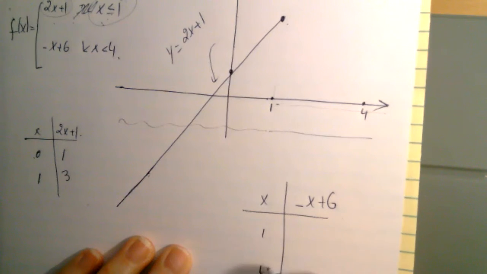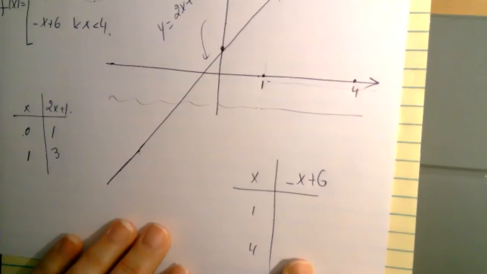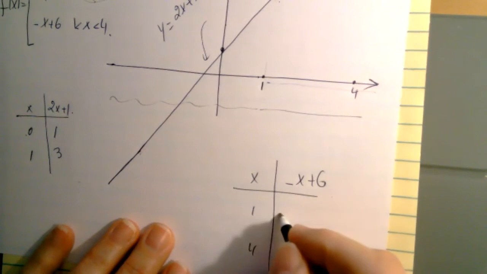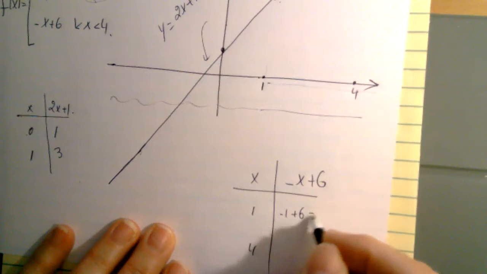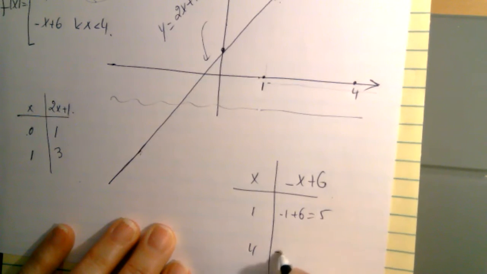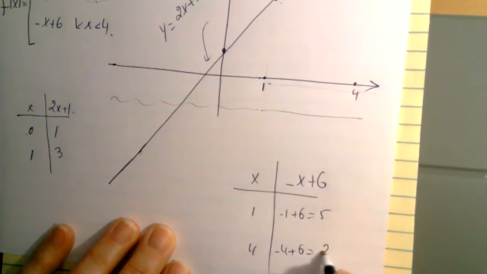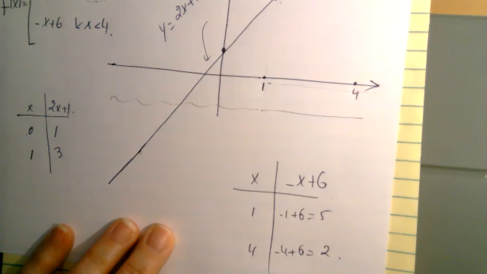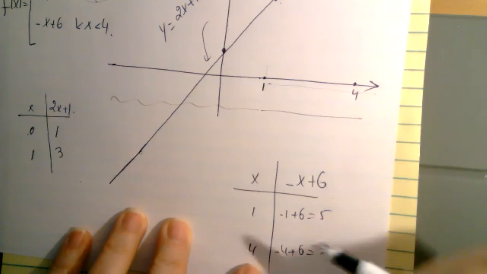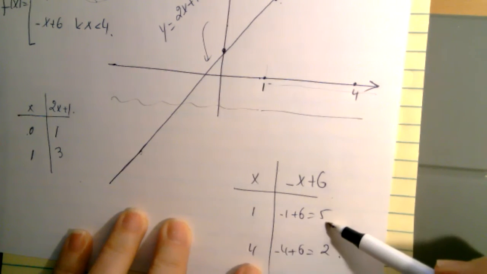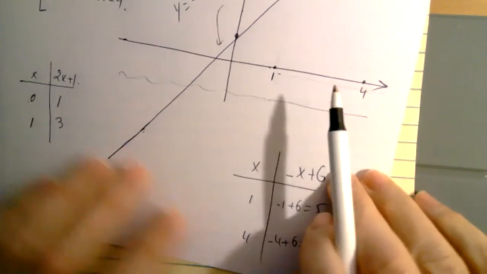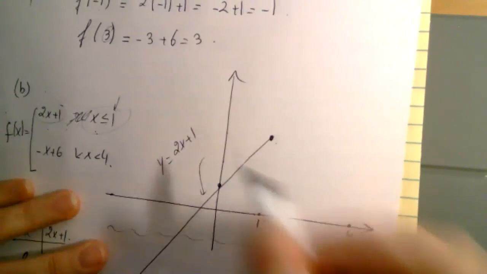I'm going to do 1 and 4, but we're going to be very smart about them. At 1, I will have minus 1 plus 6, which is 5, and minus 4 plus 6, which is 2. Am I right? Yeah. So now let us sketch them. At 1, it's 5. But is this 5 included? Yes or no?